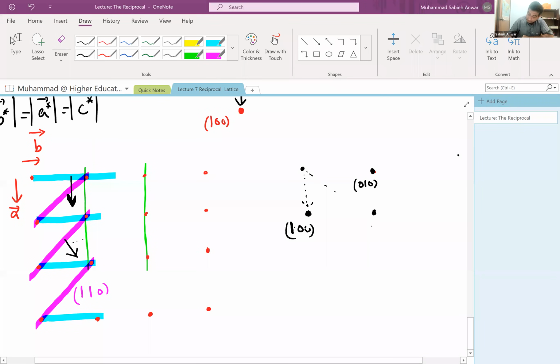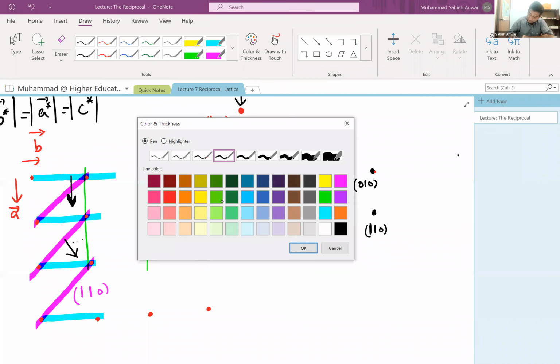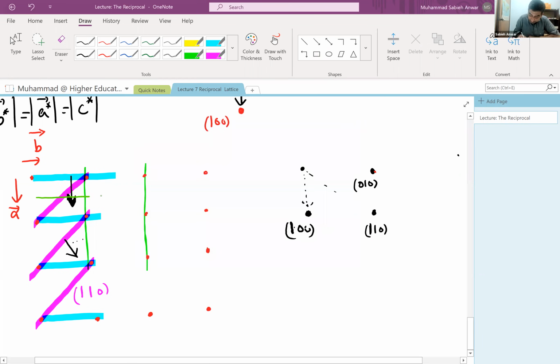This point therefore represents the family of planes 1 1 0. If I were to draw planes that are halfway inside the unit cell, so if this were a by 2, then this family of planes, which are separated now by a by 2, can also be represented by a vector.